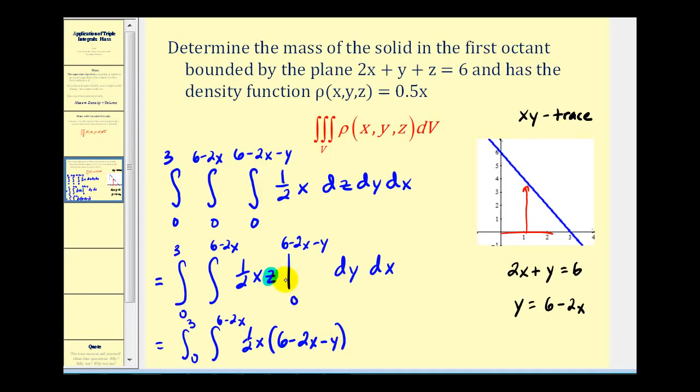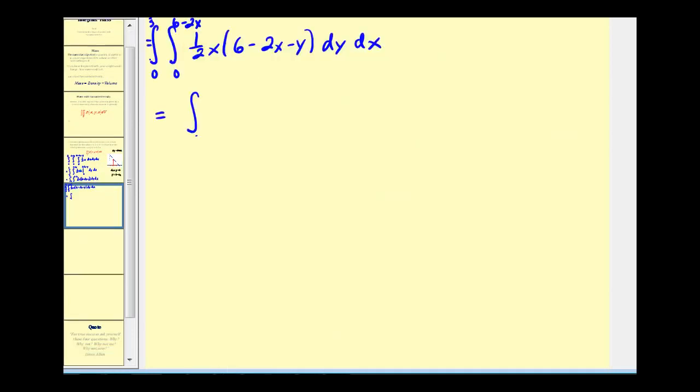And then when z is 0, this would be 0. Let's continue this on the next page. Let's go ahead and distribute. So we'll have 3x minus x squared minus 1/2 xy.